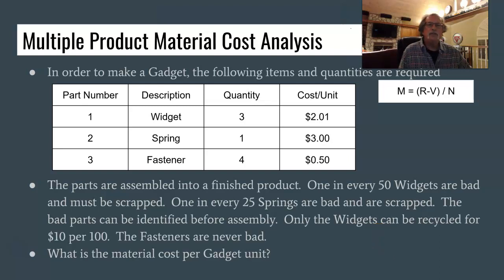Okay, let's go to part 3 now. Let's just say that 1 in every 50 widgets are bad and must be scrapped. Same scrap rate. We have a 4% scrap rate of springs. And only the widgets can be recycled for $10 per 100. The fasteners are never bad.